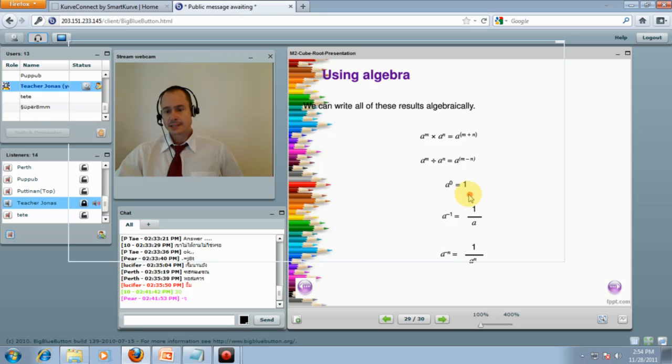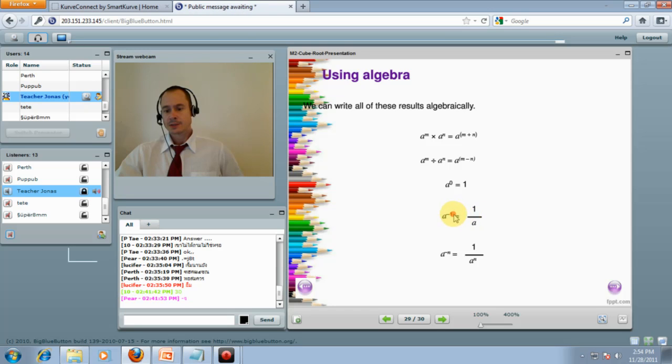Then you have the special case when the index is 0, then the answer is always 1, no matter what it says here. Then you have another special case when the index is negative, then it's 1 divided by this base here and the index, and in this case it will be plus 1, but they don't write it here because they don't have to.